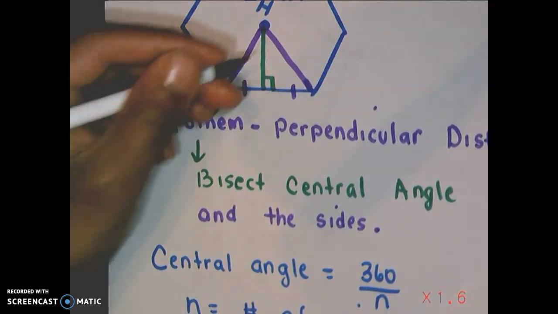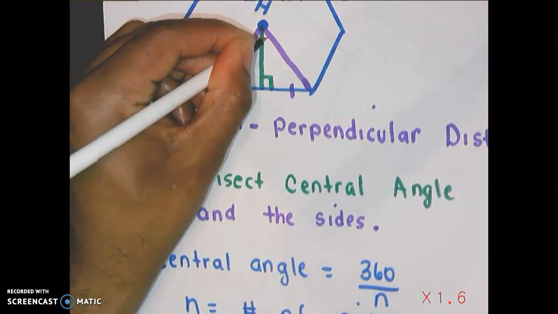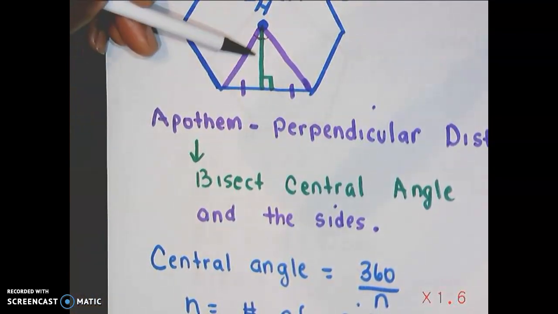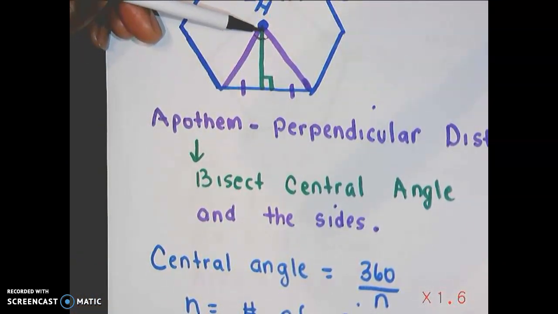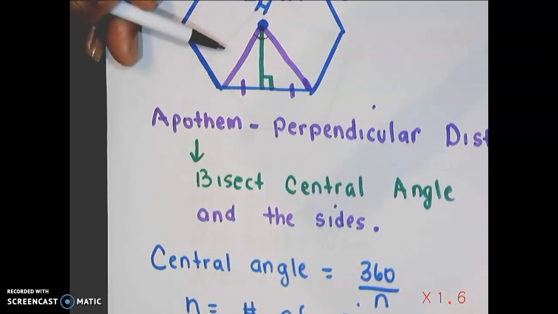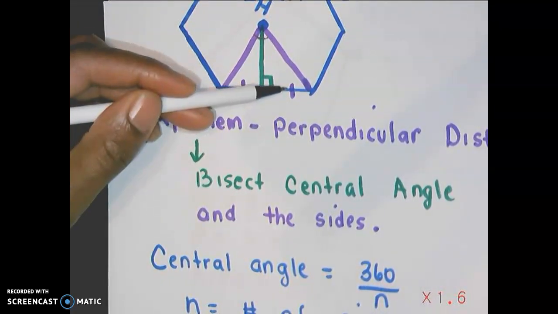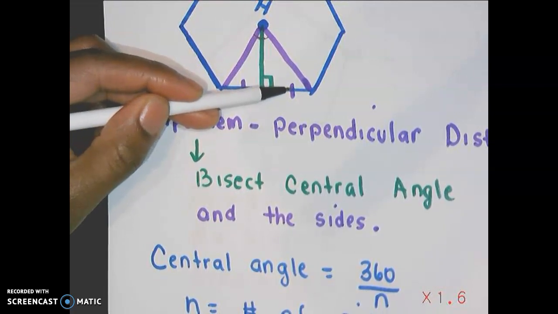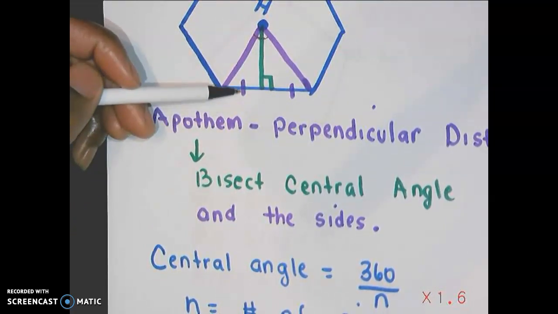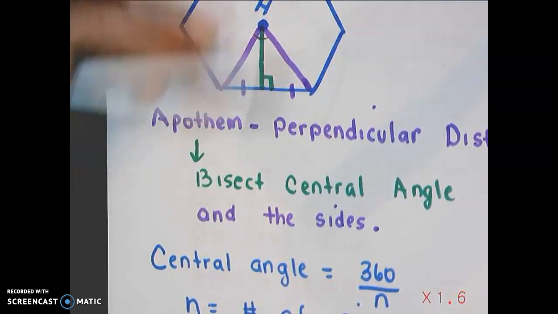This is your central angle, because the vertex of this angle is at the center, and the apothem bisects it in half. It also bisects the side, which is why I have these 2 marks here. That just means they have equal distance on each side of the apothem.